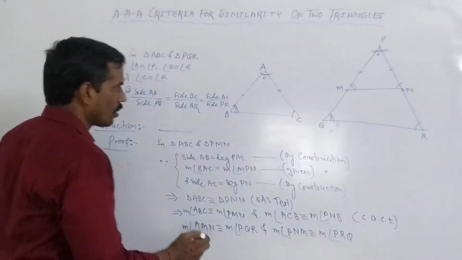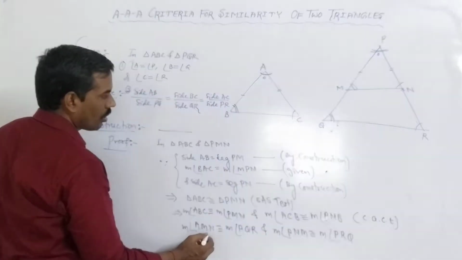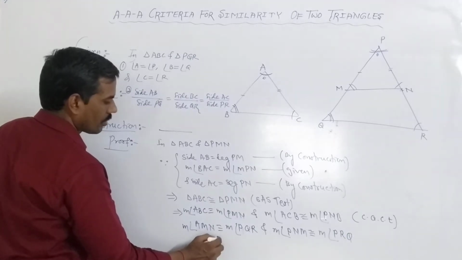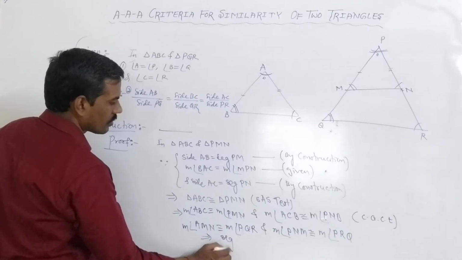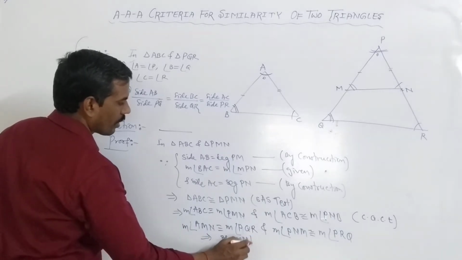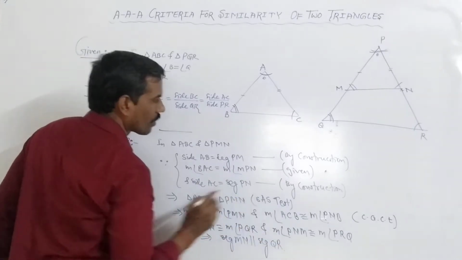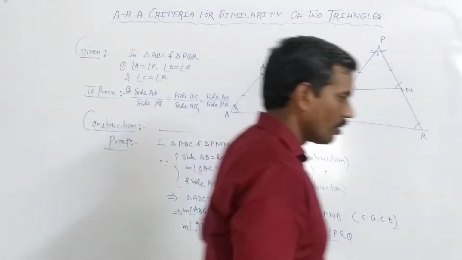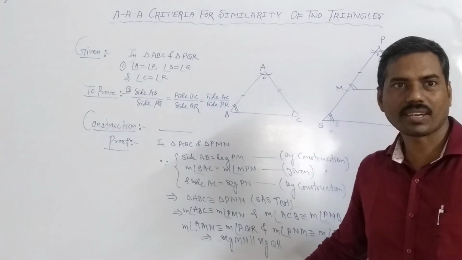In this way, we can say that line segment MN is parallel to segment QR. Students, please note down. We will further discuss. Here, points are clear.